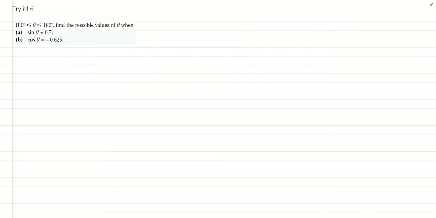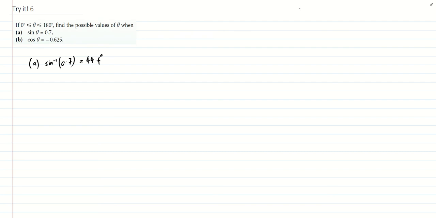But yeah, you realize that since sine theta equals sine of 180 degrees minus theta, when we type into the calculator, at least for part A, when we type in sine inverse 0.7, you realize that you will end up with one answer only, 44.4 degrees.